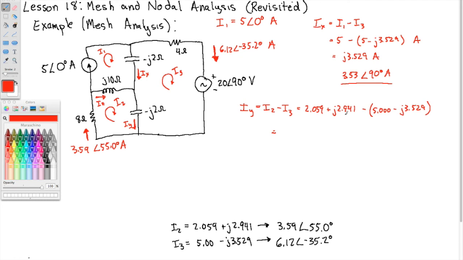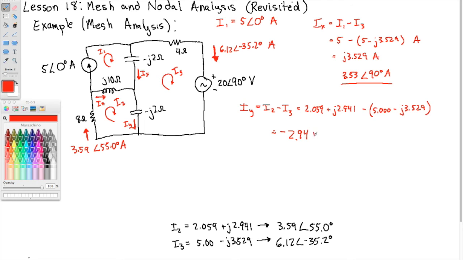All right, so we can do that subtraction, right? We'll take the real part of I2, 2.059, and subtract the real part of I3, and that is negative 2.94, and we'll keep 3 significant digits. So that's this number minus this number. And then we'll do the imaginary part, J 2.941, and if we distribute that negative in, we're actually adding J 3.529.